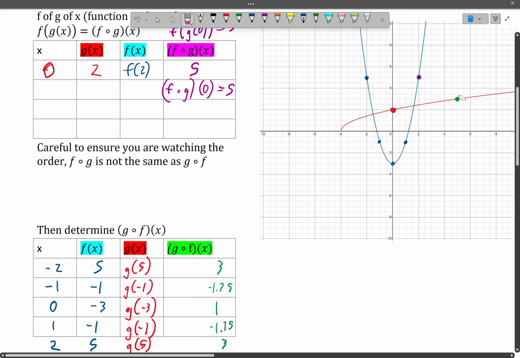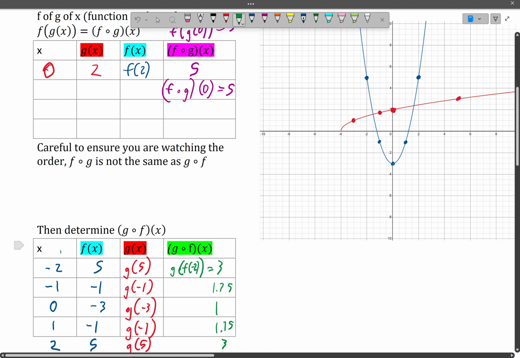Okay, so when we actually draw this, the values don't end up where you think they are. So this is the -1, this is the 1.75. Not -1.75, just +1.75. But if we were to draw this out, again, the combination is g of f of -2 equals 3, right?